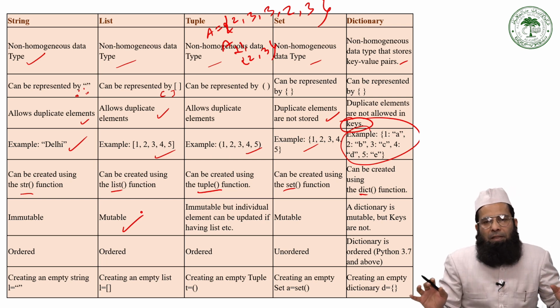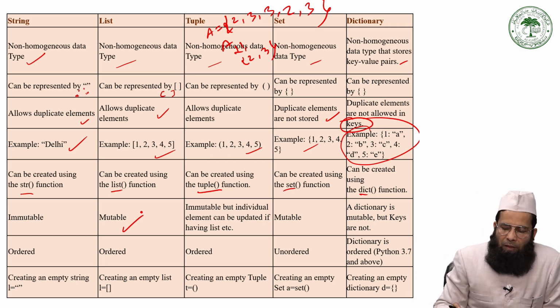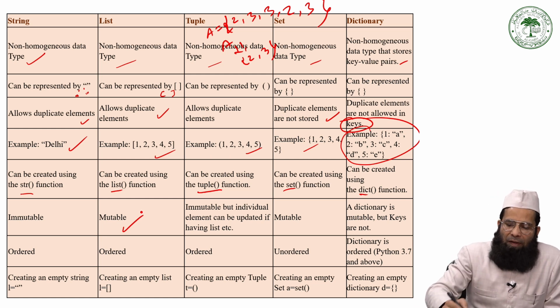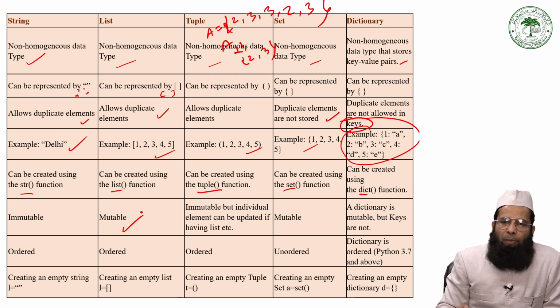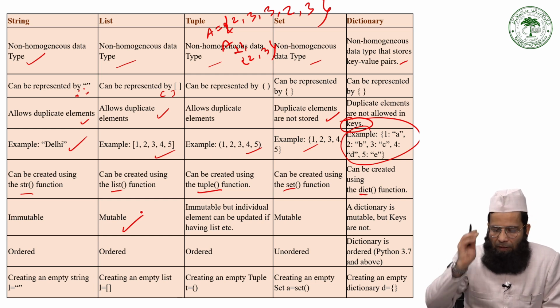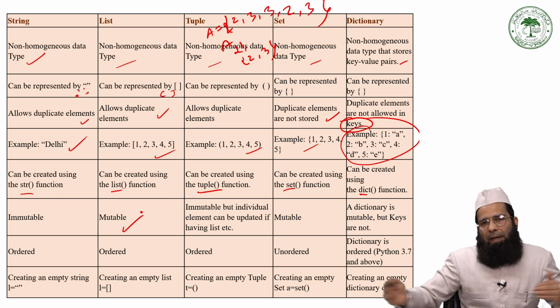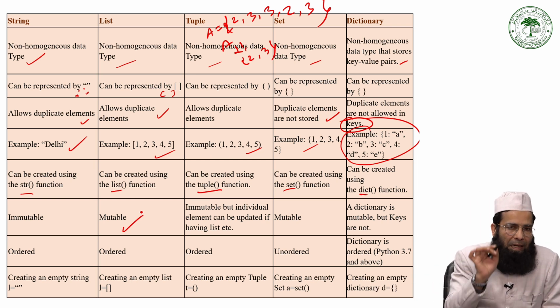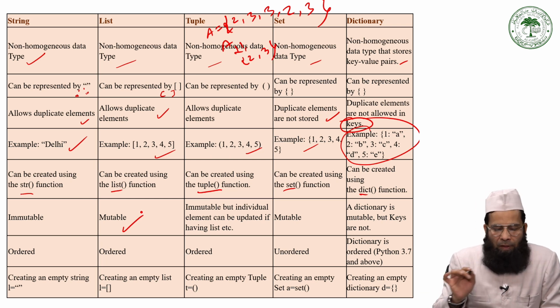But otherwise you cannot update the tuple. It is actually immutable. Set is mutable. You can expand the set and update the set. A dictionary is mutable. Again, you can expand the dictionary, but keys are not mutable. If you are using a list as a key, that is not possible.